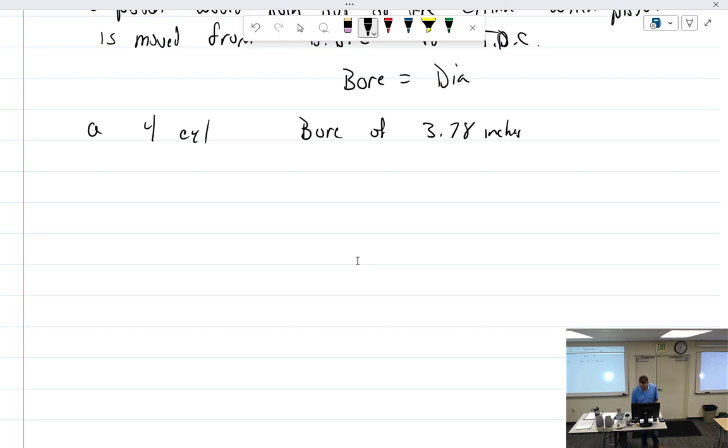A bore of 3.78 inches, and this is where we would never talk like this, but the question does, and is 8.5 inches deep. I don't even know what that means. Inches deep. We don't talk about deep. That just worked out great. Stupid thing's locked up.